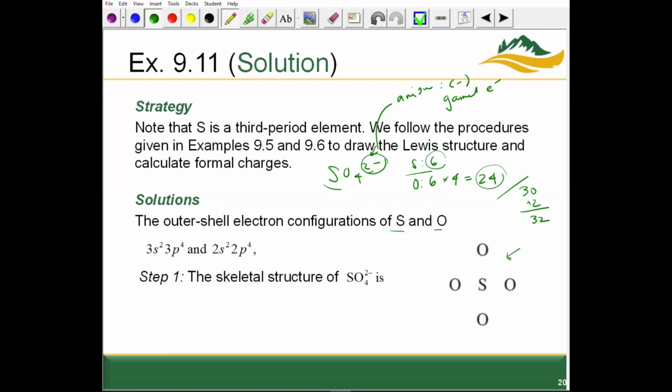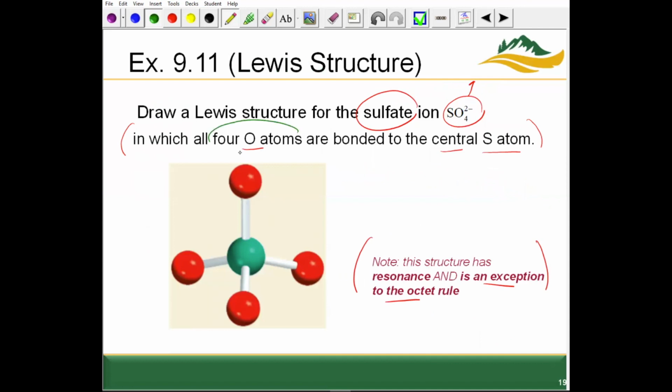Sulfur is less electronegative than oxygen, so we put it in the middle, then put the 4 oxygens around sulfur. We were also given that hint here in which all 4 oxygen atoms are bonded to the central sulfur atom. If we're dealing with a more complex structure like this, you would expect to see a hint to help you draw a certain Lewis dot structure.